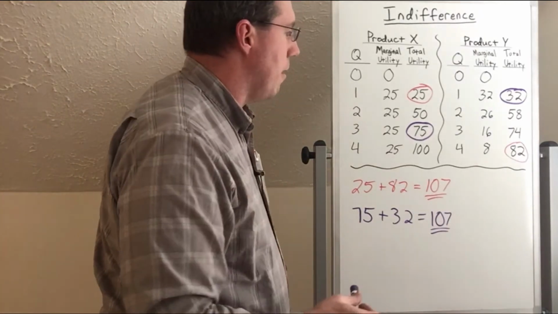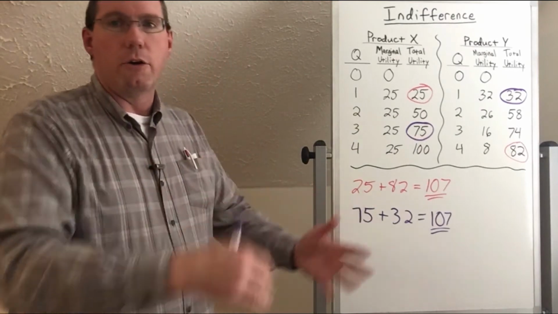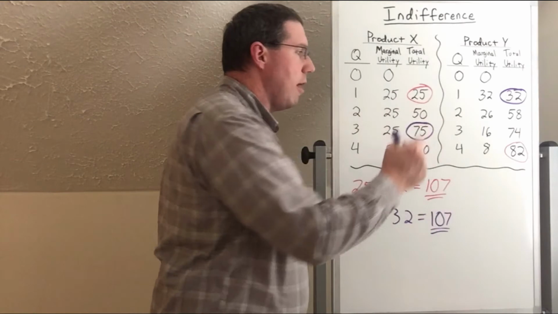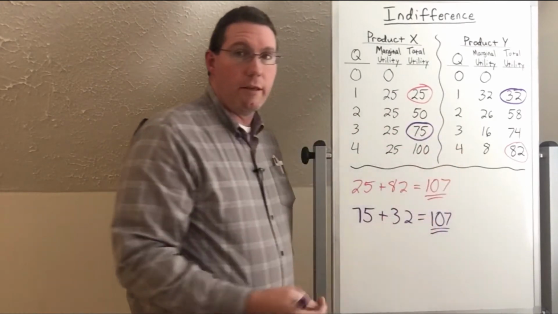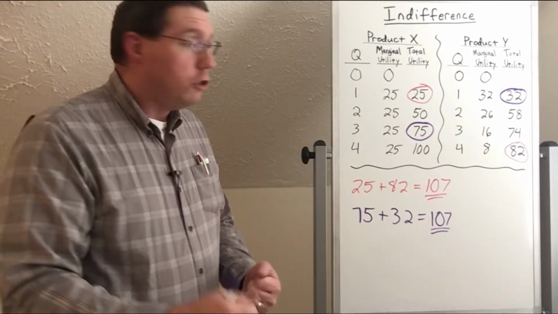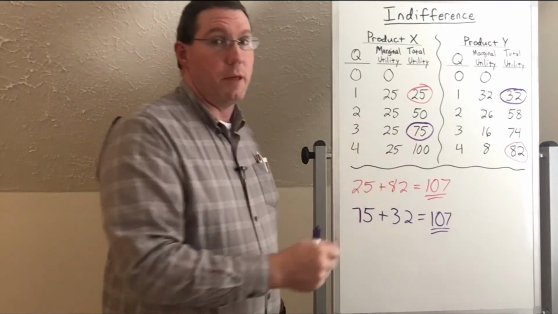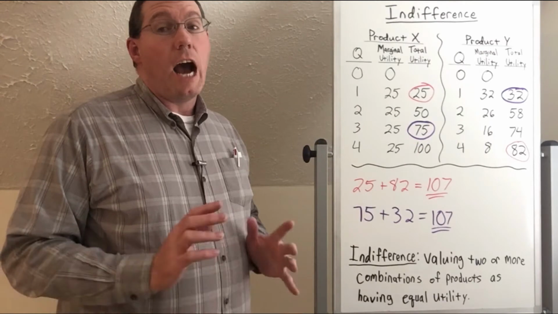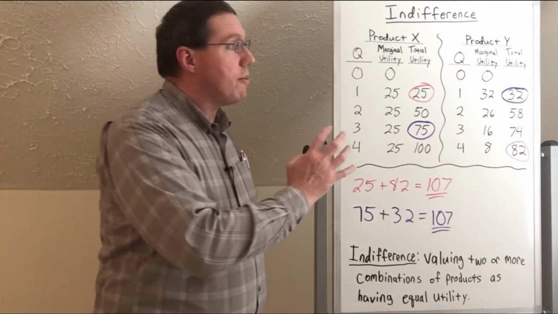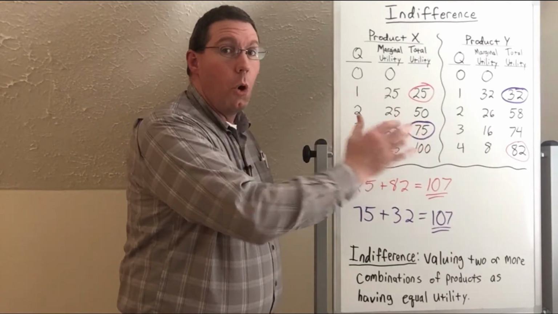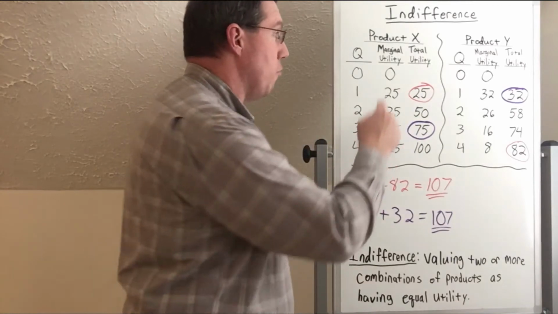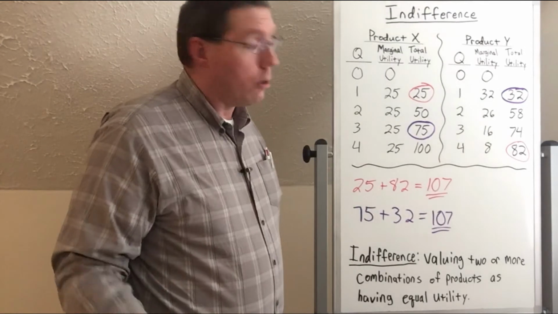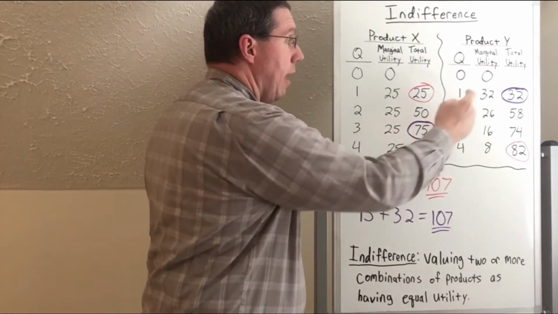If you ask them, let's say you were with a friend, you're like, hey, I'll go get you some pizza and wings. Would you rather have 1 slice of pizza and 4 chicken wings on your plate? Or would you rather have 3 slices of pizza and 1 chicken wing on your plate? So when we get a combination of pizza and wings, we don't care whether we have 1 slice of pizza and 4 wings or 3 slices of pizza and 1 wing.